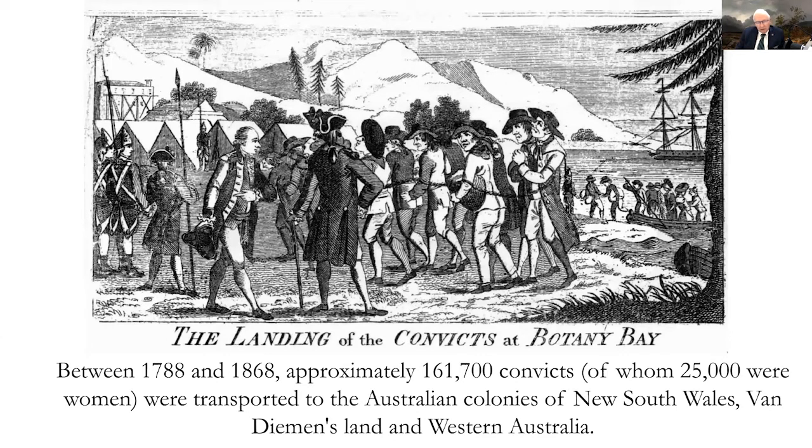So if we extend that out, however, between 1788 and 1868, 161,700 convicts, and only 25,000 of whom were women, were transported to the colonies of New South Wales, Van Diemen's Land, and Western Australia.